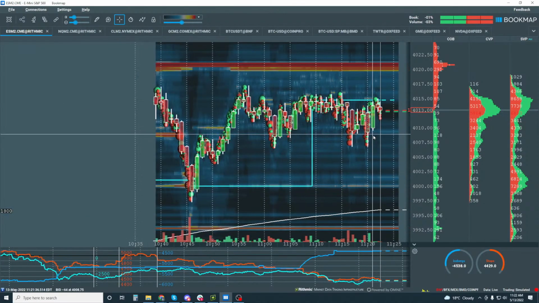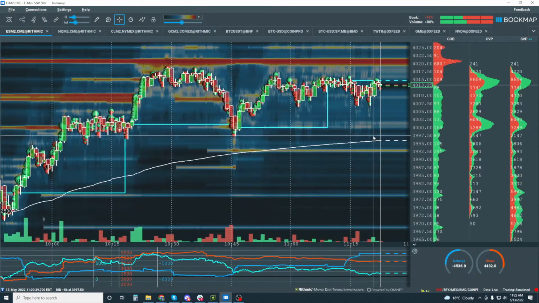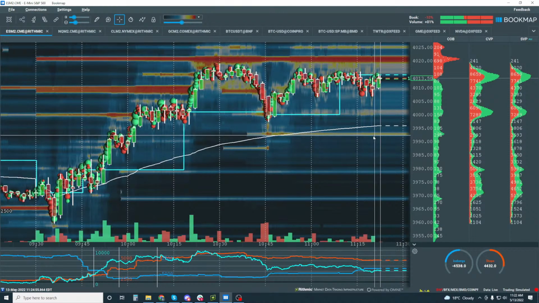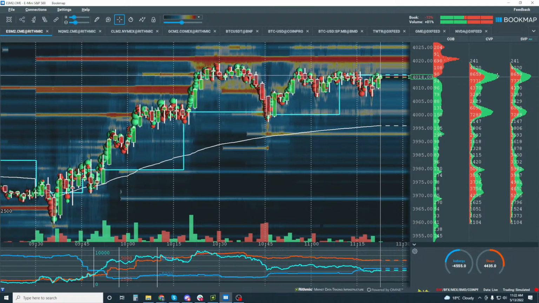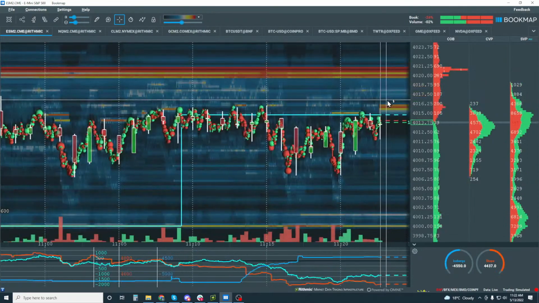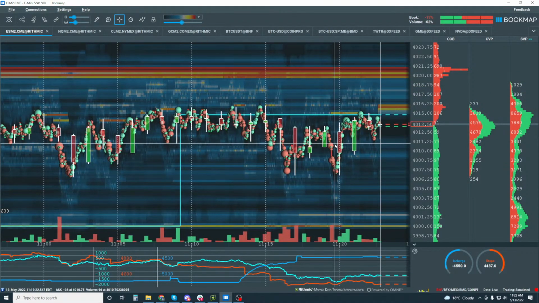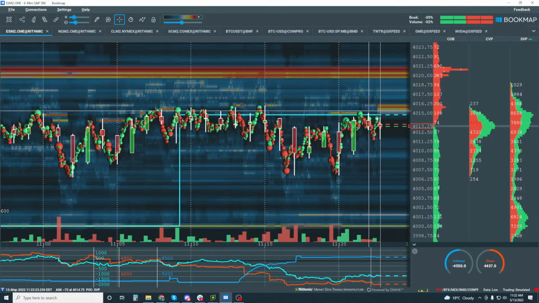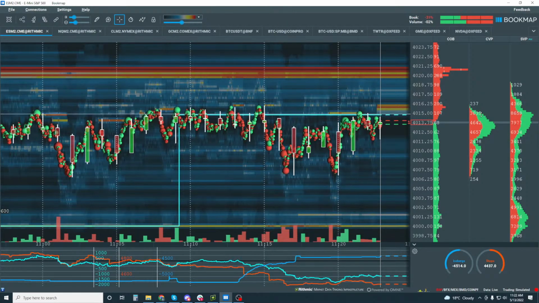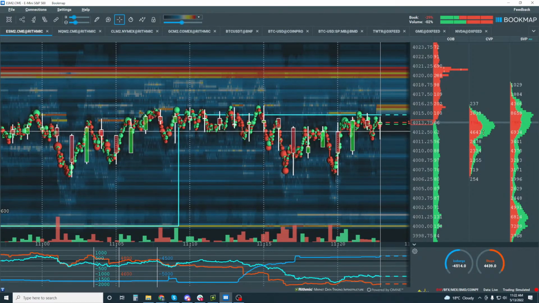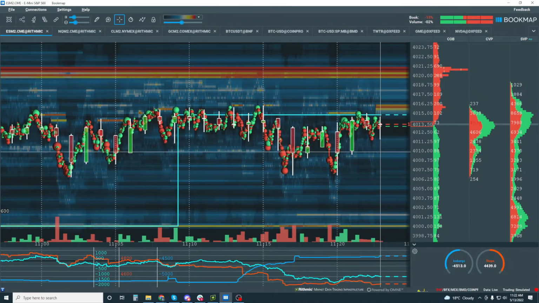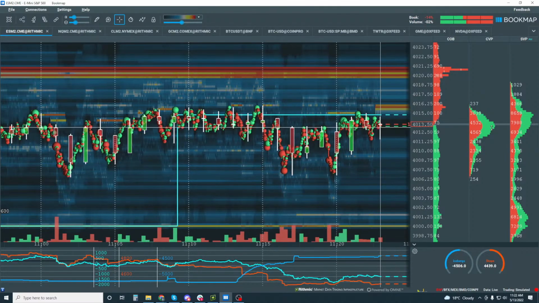Your volume profile here is looking like, well, it's at the point of control right now. There is a little bit of a skew here. It's kind of a weak top, meaning that it is likely to break, because you can see it kind of explored down here and came back up into here.